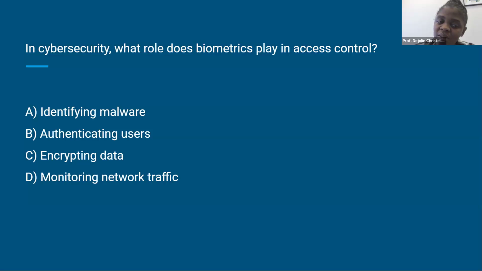Or is it to authenticate users? Or is it to encrypt the data? Or to monitor network traffic? Monitoring network traffic, okay. Monitoring network traffic is making sure who is accessing the network.